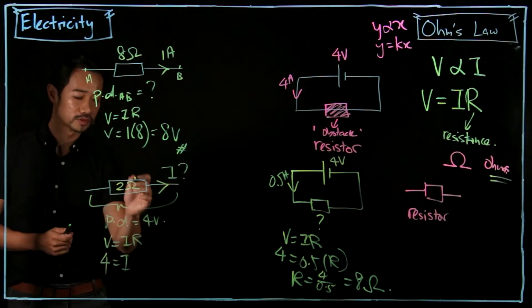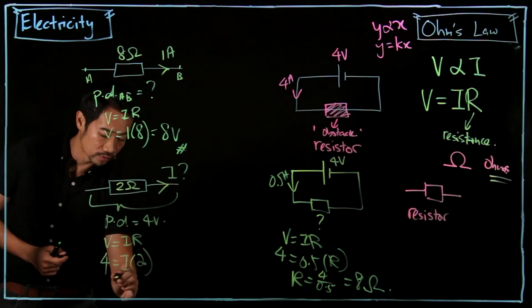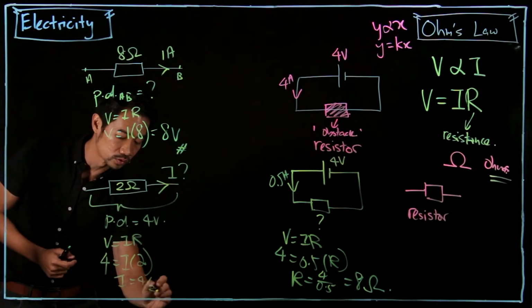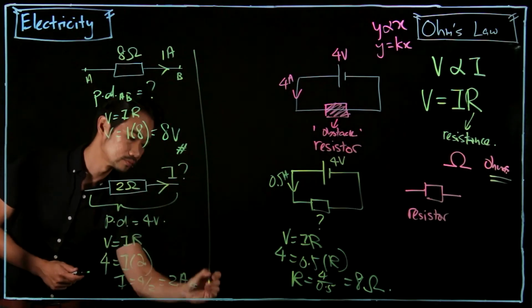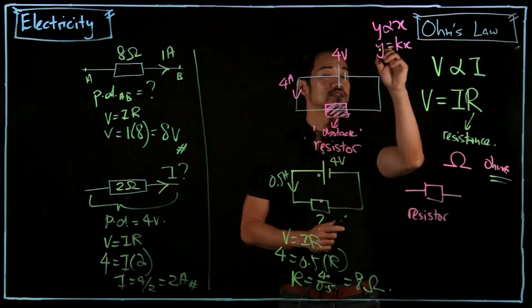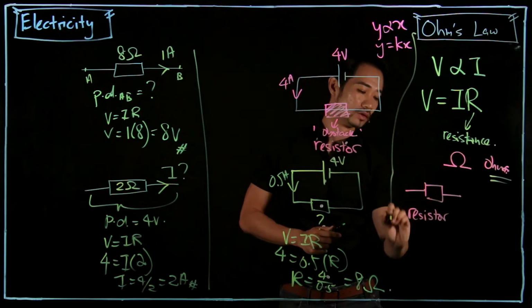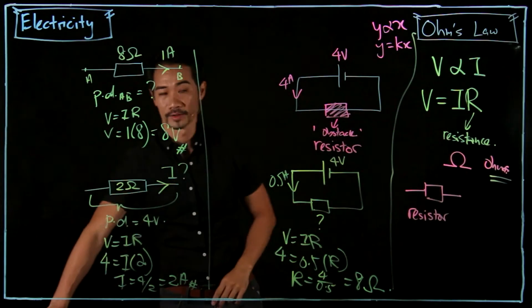Current is what I want to know. Resistance is 2. So I flip this over. I is equal to 4 over 2. You will get 2 amperes. Okay, got the concept? Fairly easy to apply. This is the most important formula you have to remember in this topic.